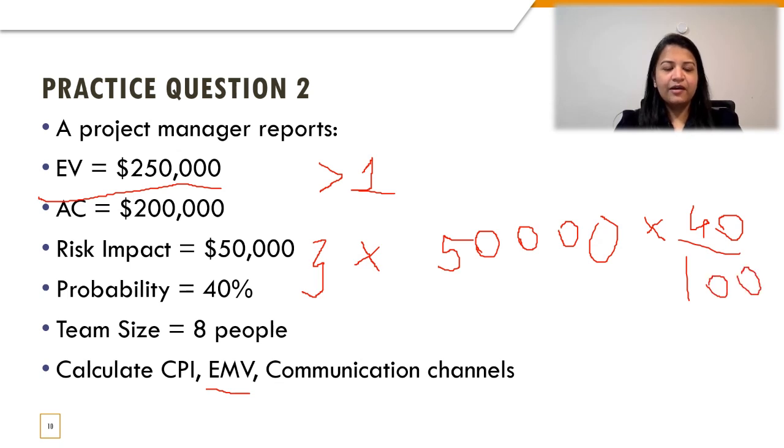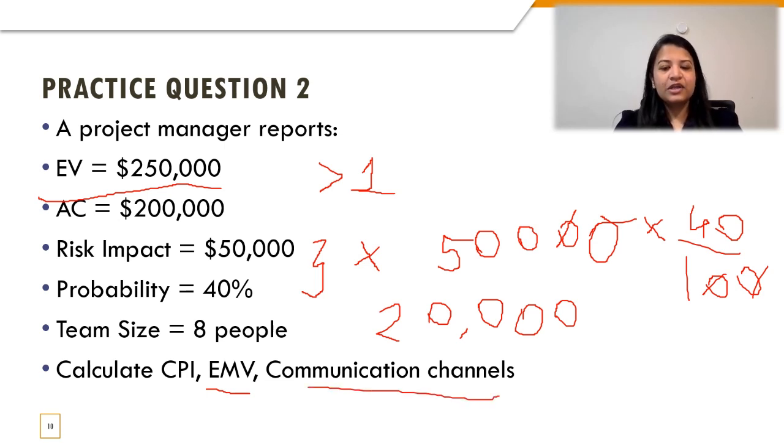Now I will get rid of these two zeros with these two zeros over here. 5 times 4 is 20, and then I'll add 3 more zeros to it, so 20 and then 3 more zeros: 1, 2, and 3. That means $20,000 would be my EMV, or expected monetary value.